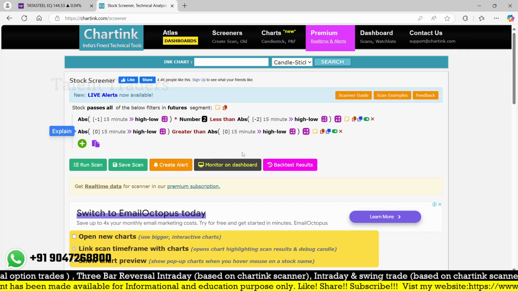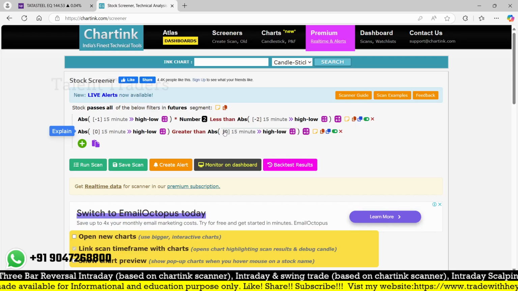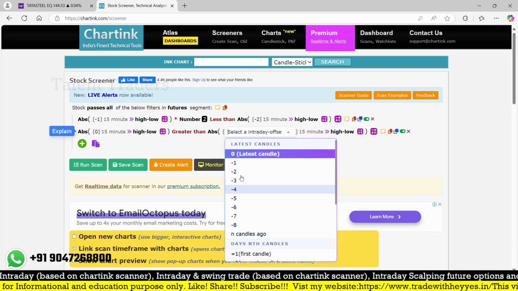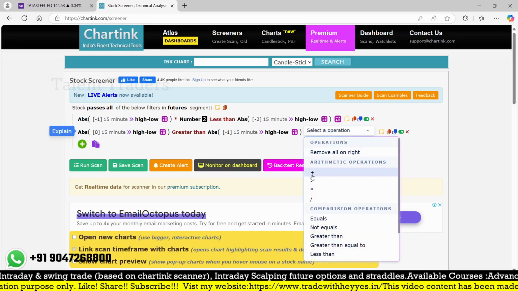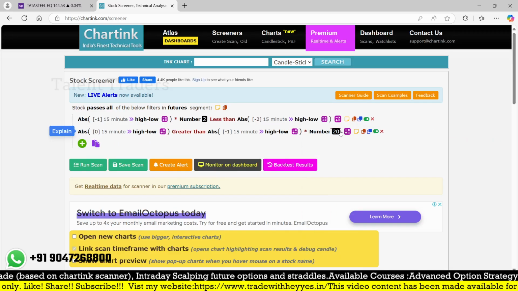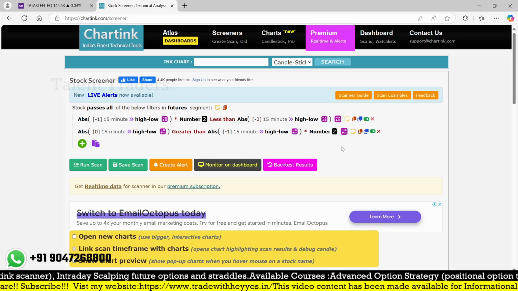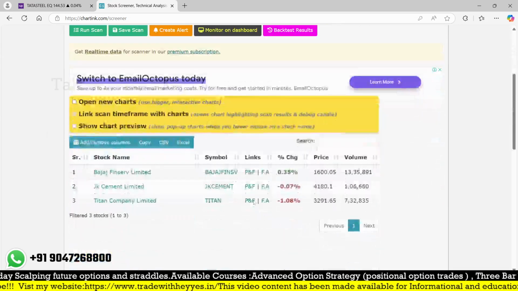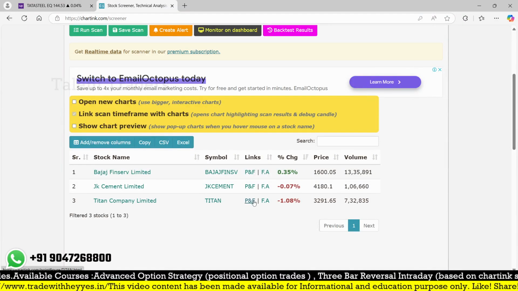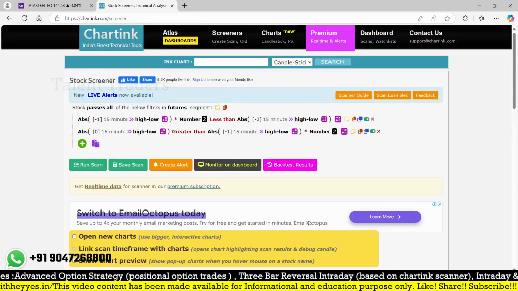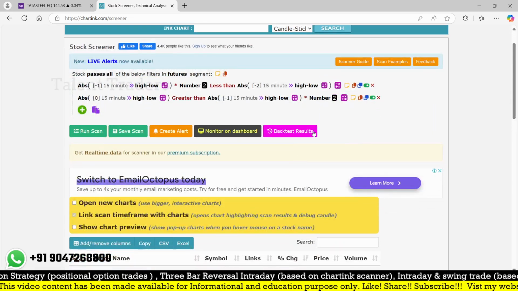If you want to fetch the body of the candle also, we can fetch it, and this time it should be greater than the minus one candle, it must be greater than number two. This simply filters out a stock which forms a bigger candle, a smaller candle and then a bigger candle. So three candles we are fetching with this particular condition.